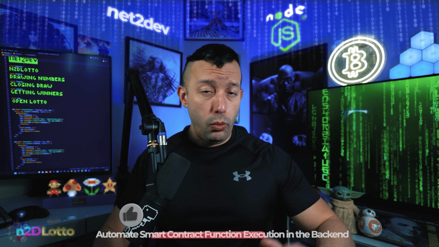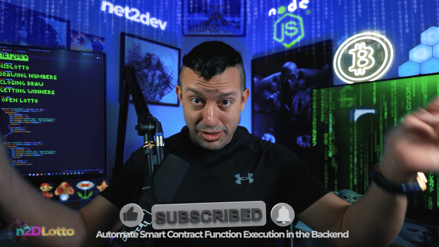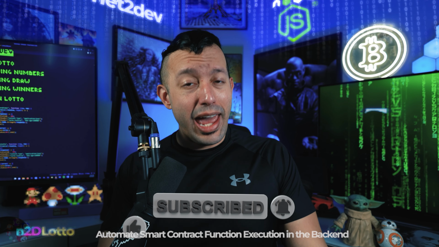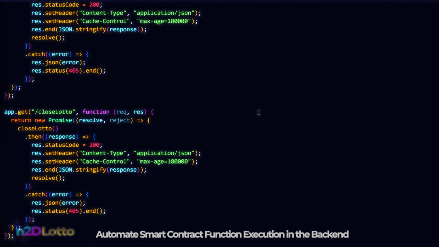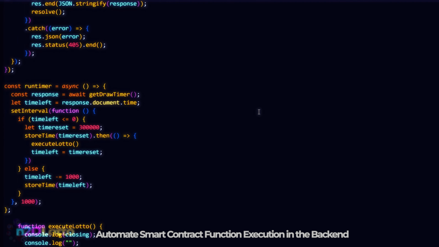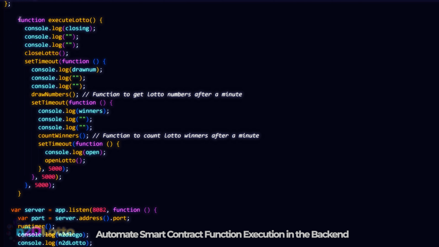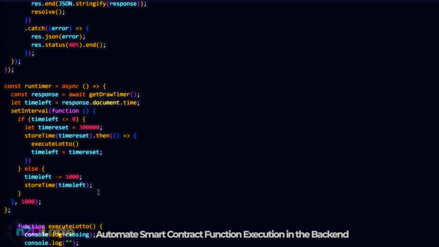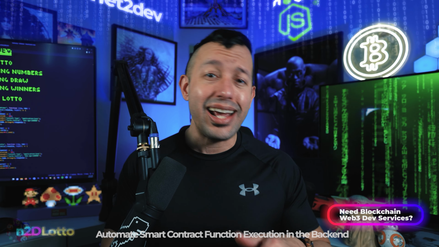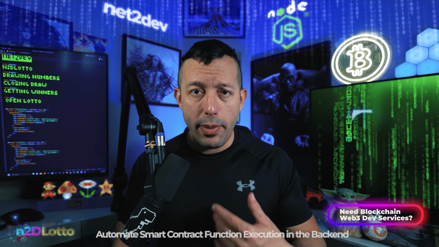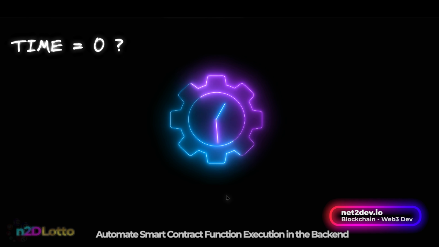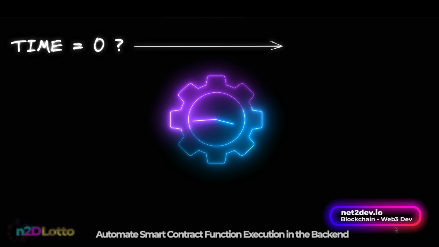Let's make sure that when we build the backend, which is the video that you are going to see now, this backend is going to allow the functions to be executed in a sequential order. This backend is going to run the entire lottery app completely automated, which means the moment I run the backend, I am going to first verify the timer ran out in the current draw.